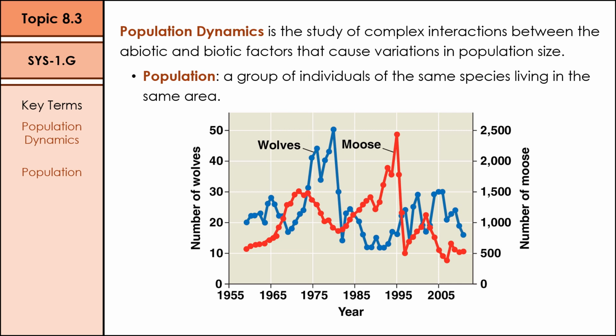But when we're looking at population dynamics, we're looking at the interactions between populations, and the interactions between those populations and the environment, which causes these populations to grow or shrink. So we are looking at variations in population size.